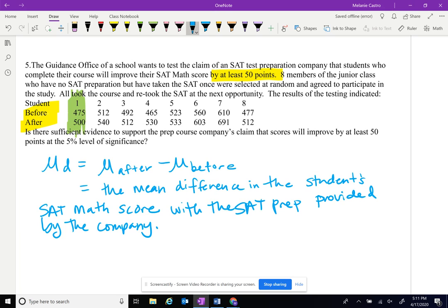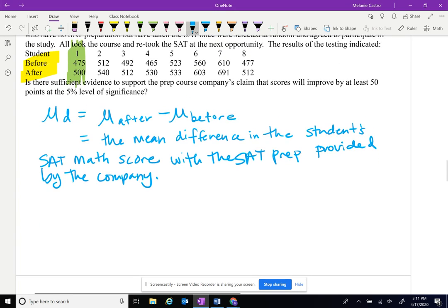Did the company make a difference? And they're making a claim not that it just is different. They're saying that they get at least 50 points higher.